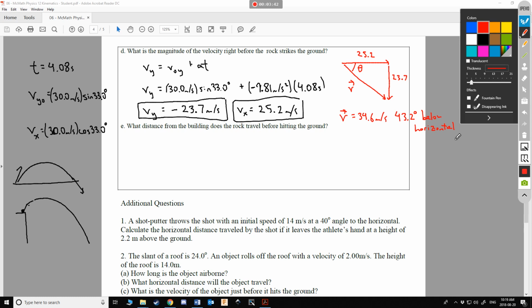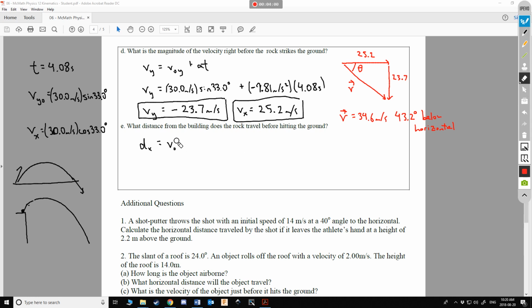The final question is, what distance from the building does the rock travel before hitting the ground? Okay, this one is straightforward. You say dx, the horizontal distance, equals V0x t plus 1/2 a t squared.